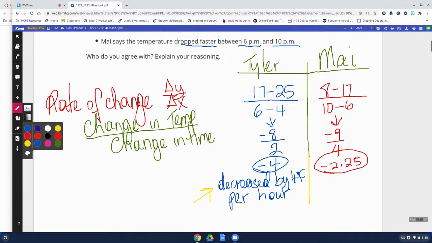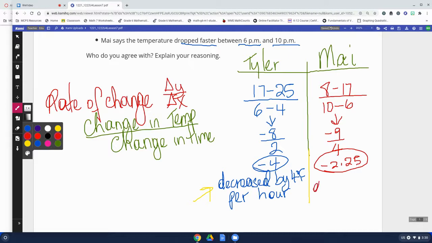So the temperature decreased by 2 1/4 degrees Fahrenheit every hour.